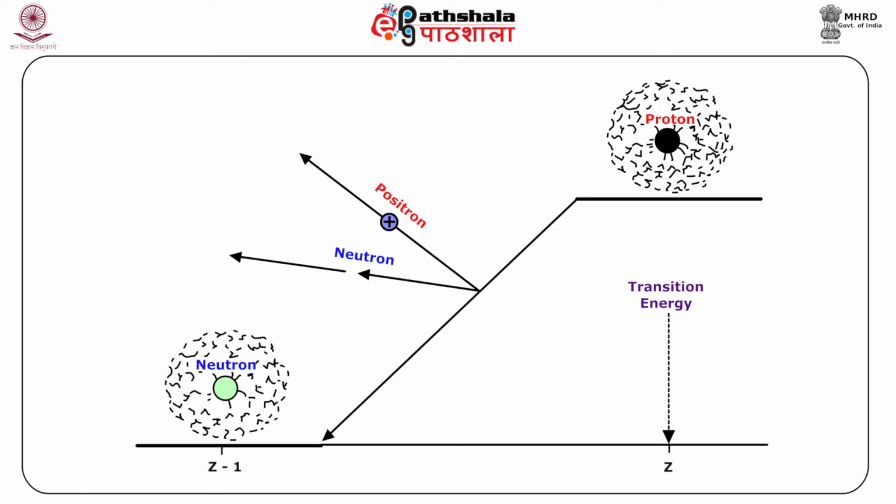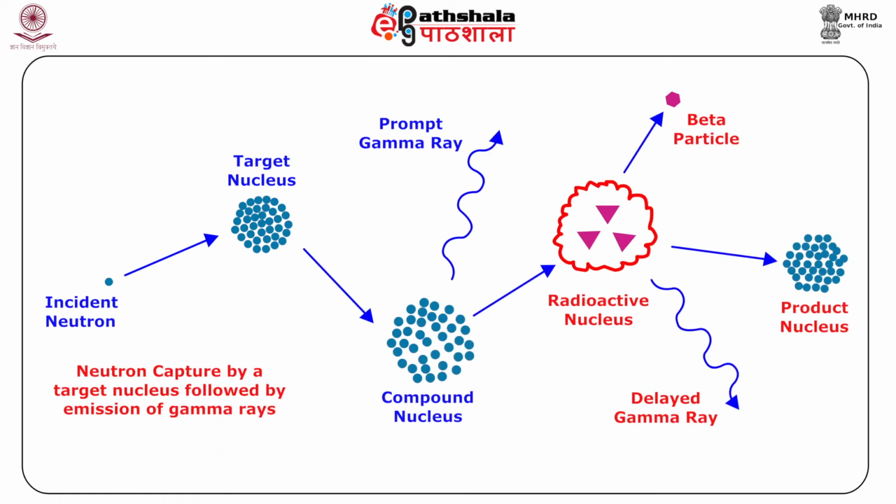NAA is significantly different from other spectroscopic analytical techniques as it is not based on electronic transitions but on nuclear transitions. To perform neutron activation analysis, the sample is put into an appropriate irradiation facility and bombarded with neutrons.